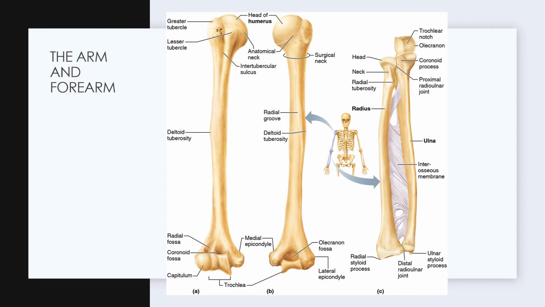It articulates with the lower bones here, the radius and the ulna, and the joint makes up the funny bone, right? It's humerus. Immediately inferior to the head is a slight constriction called the anatomical neck, which you can see illustrated here.